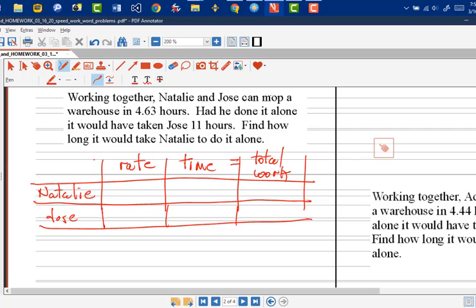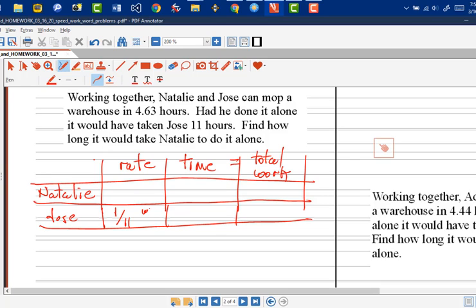Okay, so working together, Natalie and Jose cleaned up a warehouse in 4.63 hours. Had he done it alone, it would have taken Jose 11 hours. So the rate that Jose works is going to be one warehouse per 11 hours.